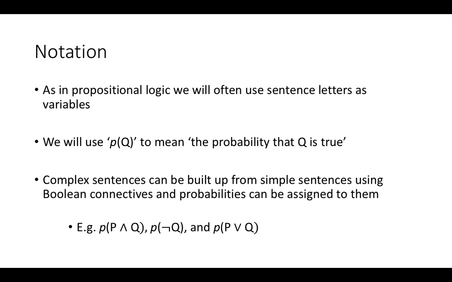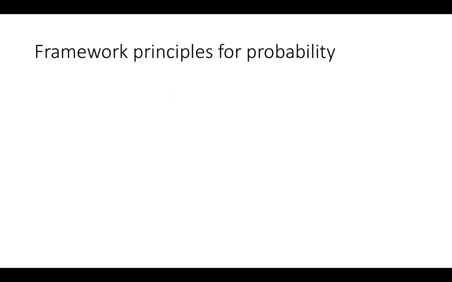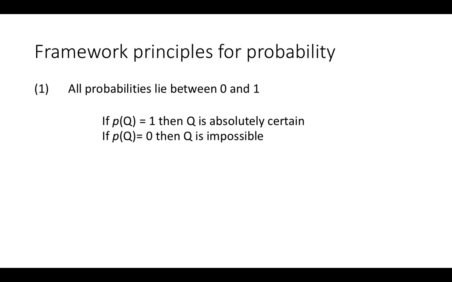But before doing that, I want to introduce 4 basic principles that set the framework for thinking about probabilities. I call these the framework principles for probability. So starting with framework principle 1. This is that probabilities are numbers in the closed interval 0, 1. You may remember from other courses that a closed interval is one that includes its endpoints.